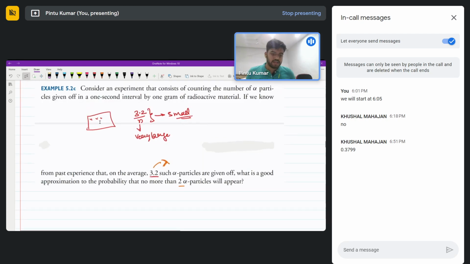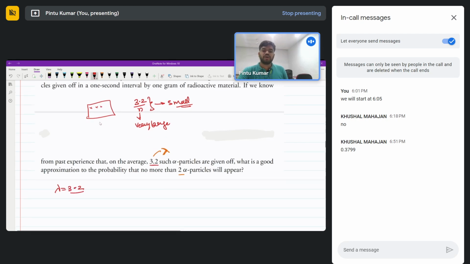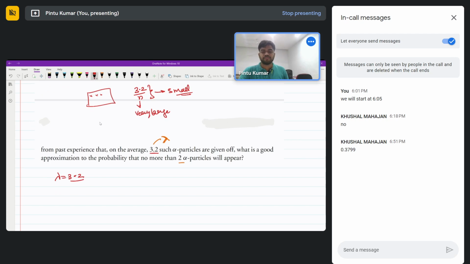Okay, so let's try solving this one. Now lambda is given to be 3.2, and you need to find that no more than 2 alpha particles are emitted. So the probability that x is less than or equal to 2 is the probability that x is 0, or x is 1, or x is 2.